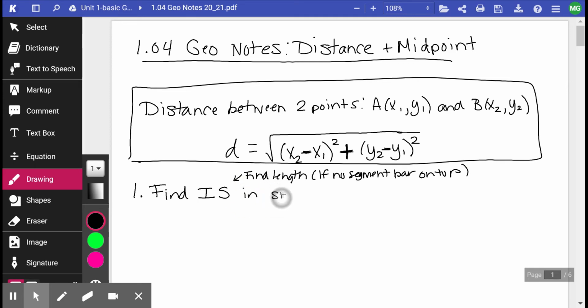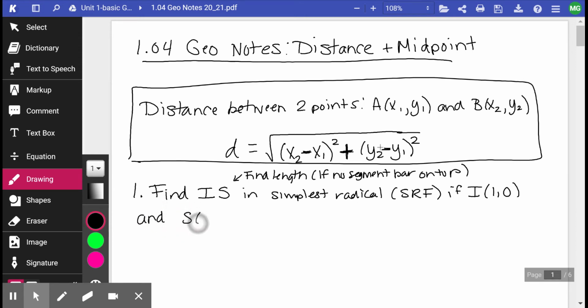I want you to find it in simplest radical form; when I grade your papers or quizzes, I'll write SRF for simplest radical form. I has the coordinates 1, 0, and S has the coordinates 3, 8. And let's also give the answer to the nearest tenth, just for fun.